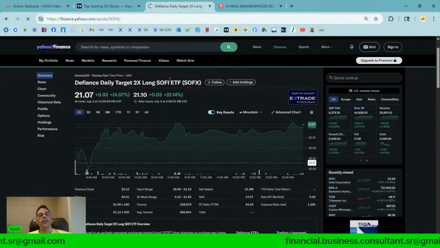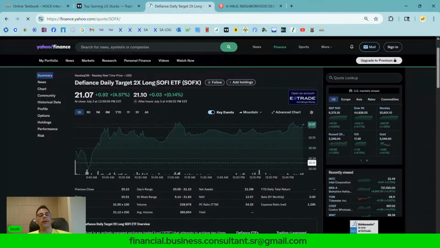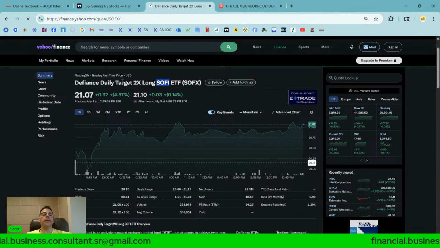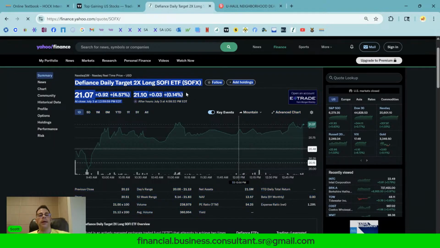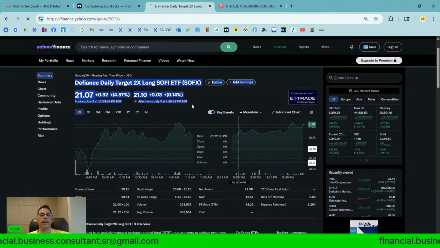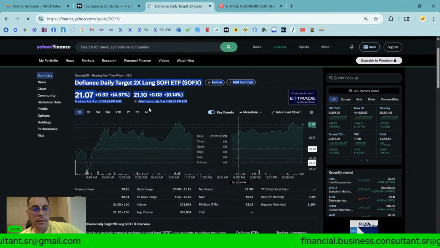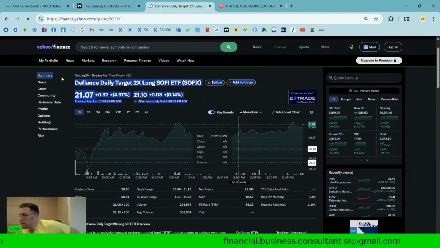Verizon. SOFX is a double levered ETF tracking SoFi. I would avoid these types of things. It's so hard to make money, and if you do, you just get lucky. It's a timing thing.